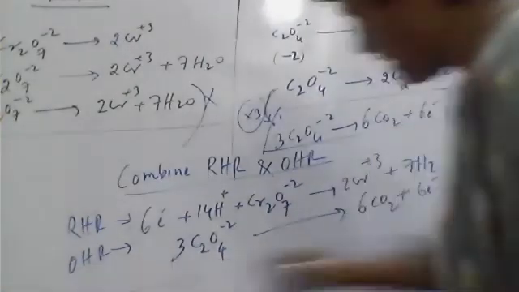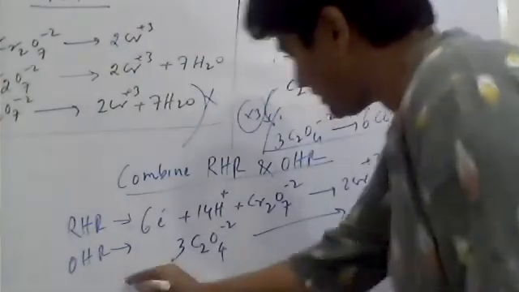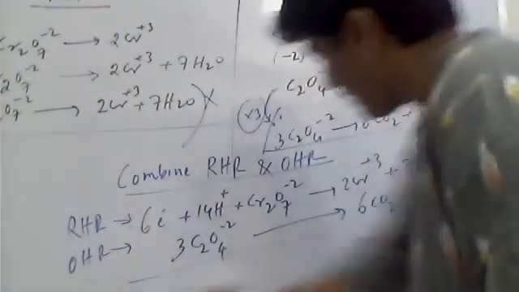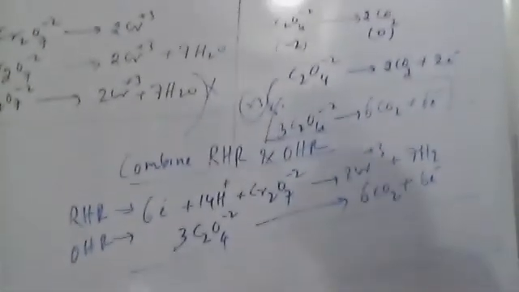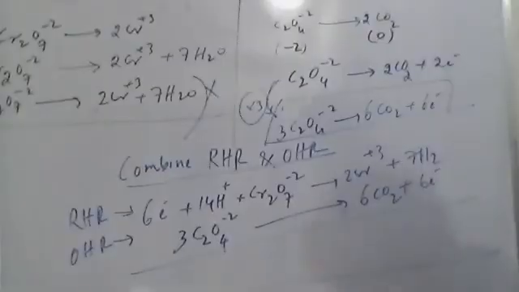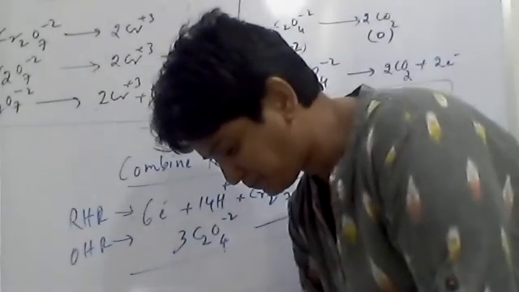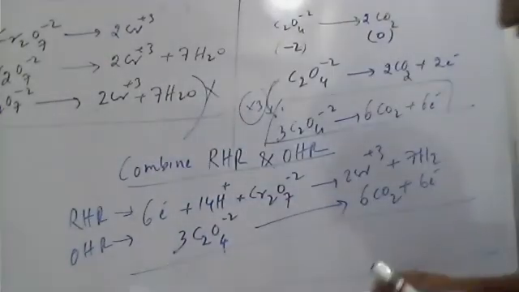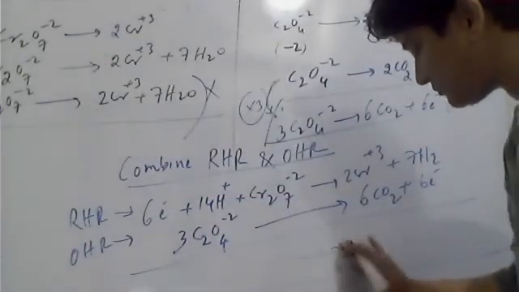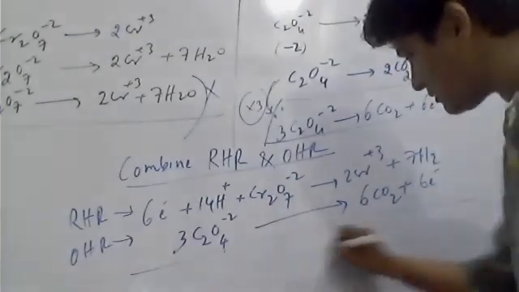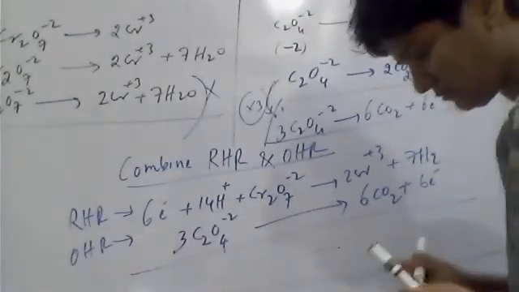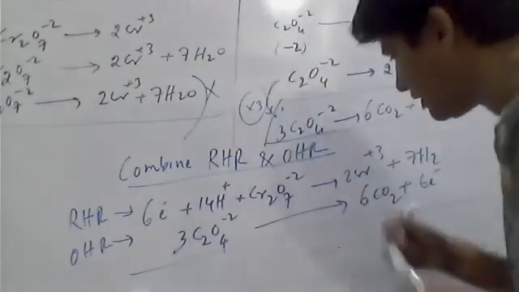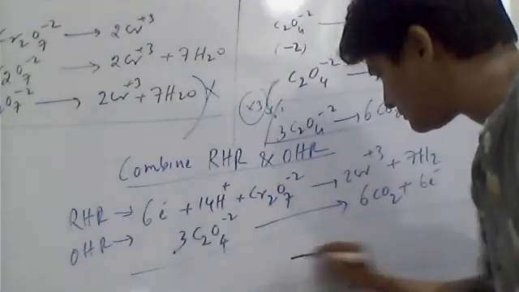Now we have to combine these 2 reactions, and whatever you get is the balanced redox reaction. So check what you get. First put the arrow, arrow below arrow.